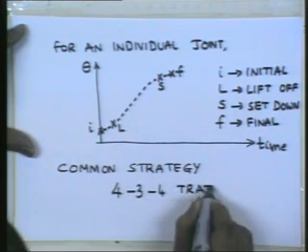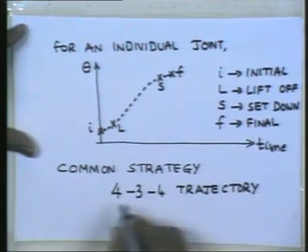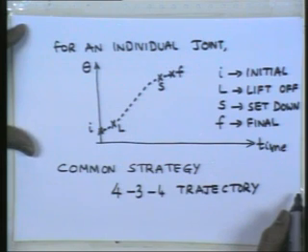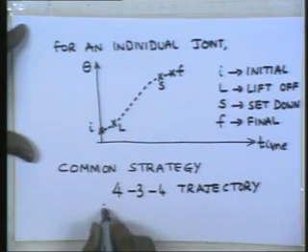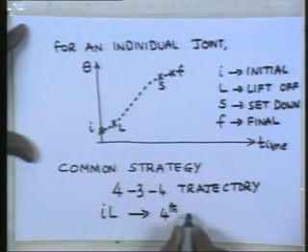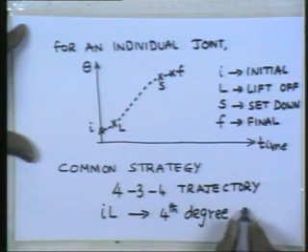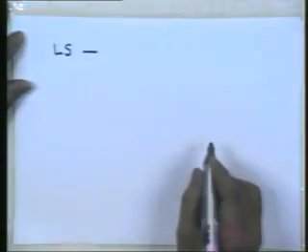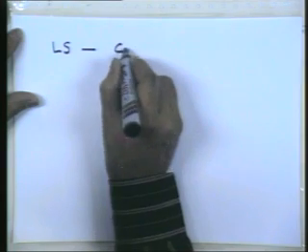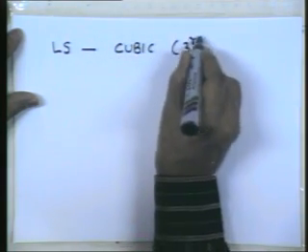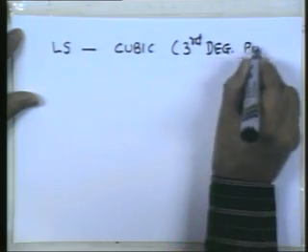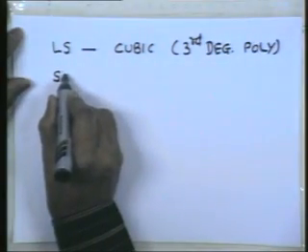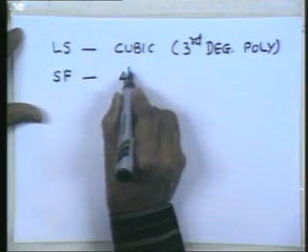What we mean by 4-3-4, as you would have guessed, it refers to the degree of the polynomial curve fit that is used. 4 means that you use a 4th degree polynomial from I to L, and between L and S, the lift off position and cruising up to the set down position, you use a cubic, that is 3rd degree polynomial, and from final set down to the final position you use again a 4th degree polynomial.